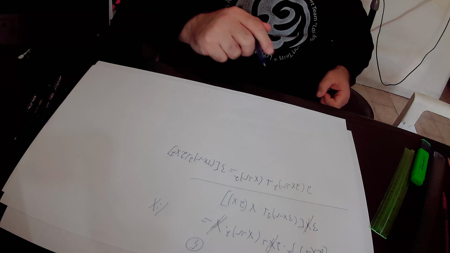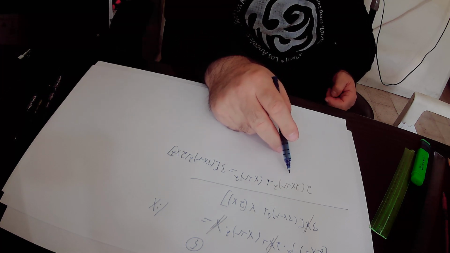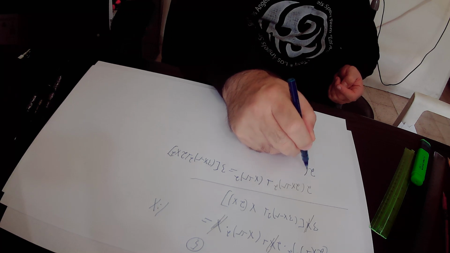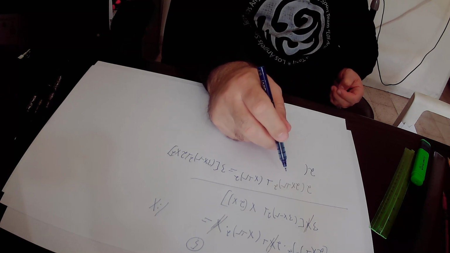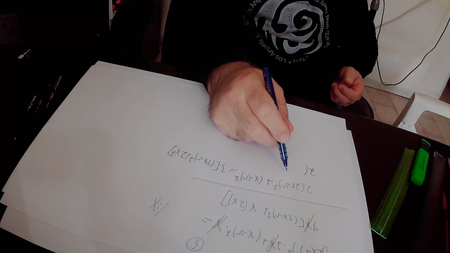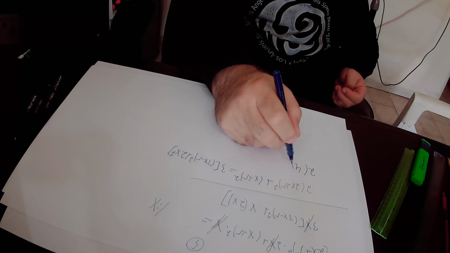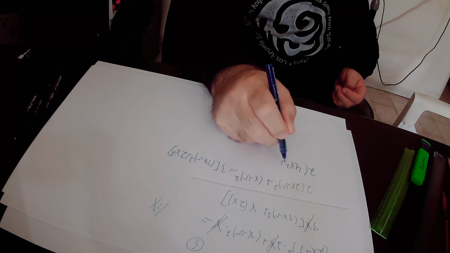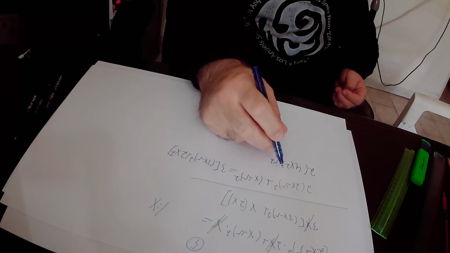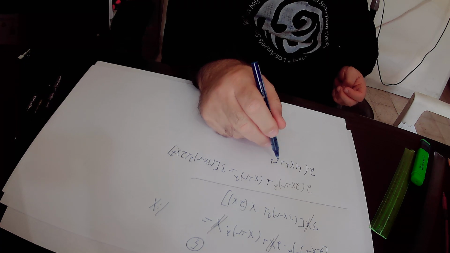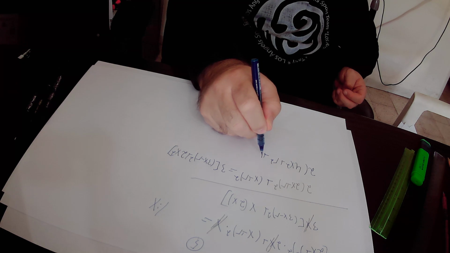So here we'll open the bracket on this side of the equation. So we'll have here 2 times, inside the brackets, (2x plus r) squared. (2x plus r) squared equals 2x squared, that is 4x squared, plus r squared, plus 2 times 2x times r. 2 times 2x times r is 4xr, so it is plus 4xr.